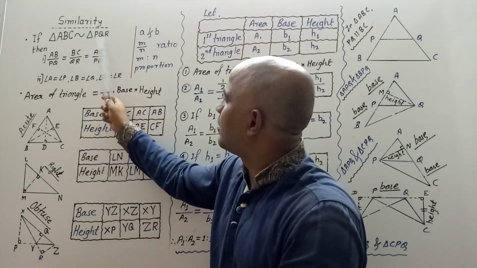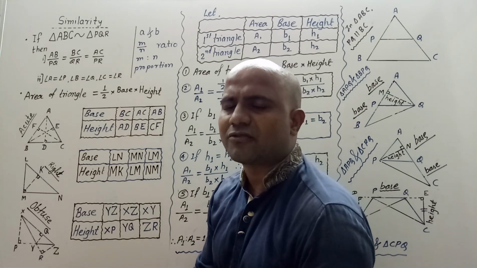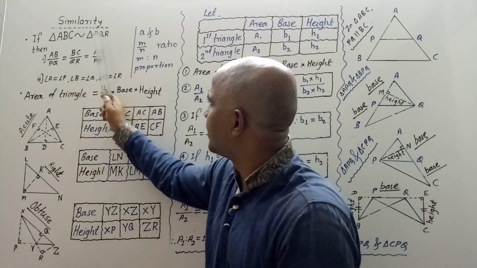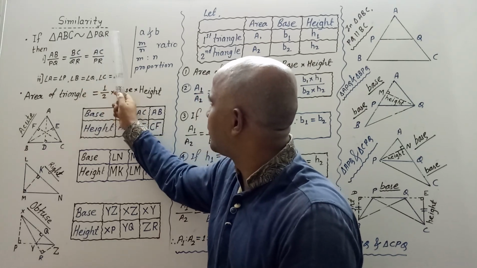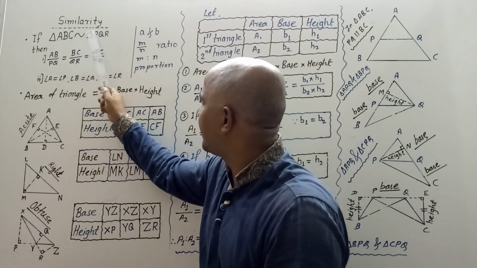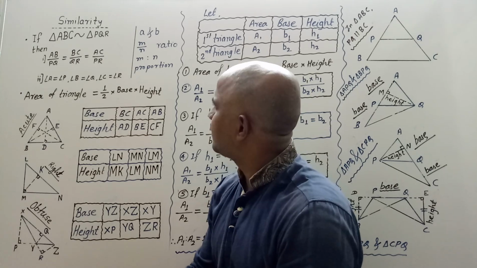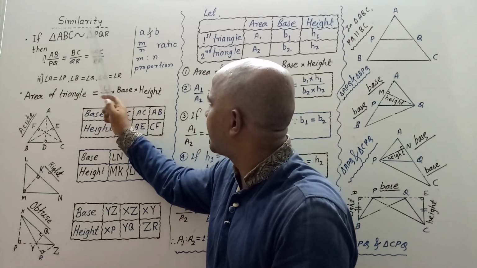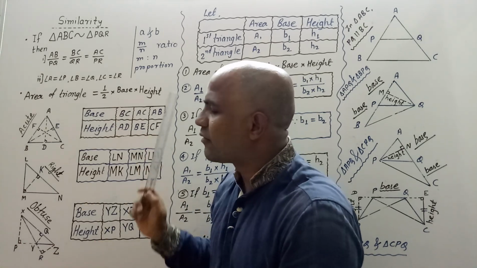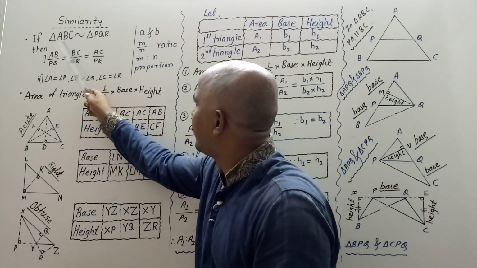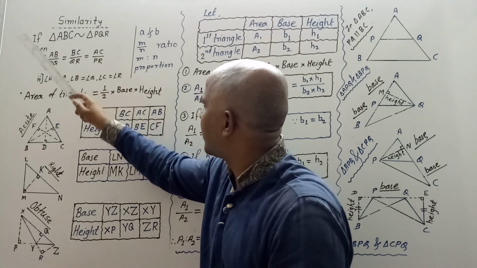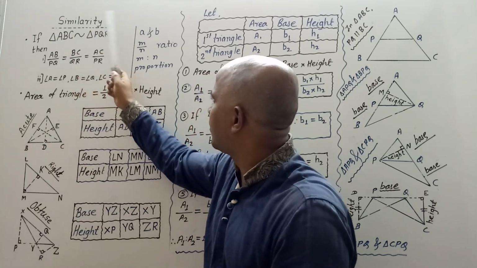Once again we will recall, their corresponding sides are proportional, meaning what? First second, second third, first third, meaning first second AB, here also first second PQ. We want to write the ratio, that's why we write AB upon PQ equals BC upon QR equals AC upon PR.